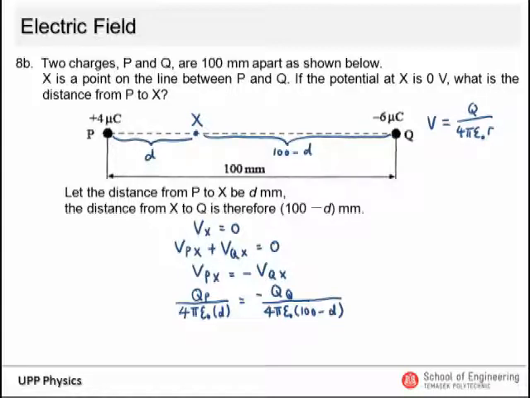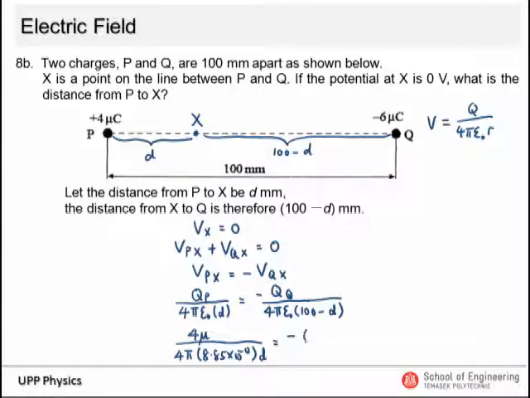Then we proceed to put in the variables that are given to us. So charge P is 4 microcoulomb, so 4 micro over 4 pi, then epsilon is 8.85 times 10 to the minus 12, and d. d is the unknown. And Q is negative 6 microcoulomb.